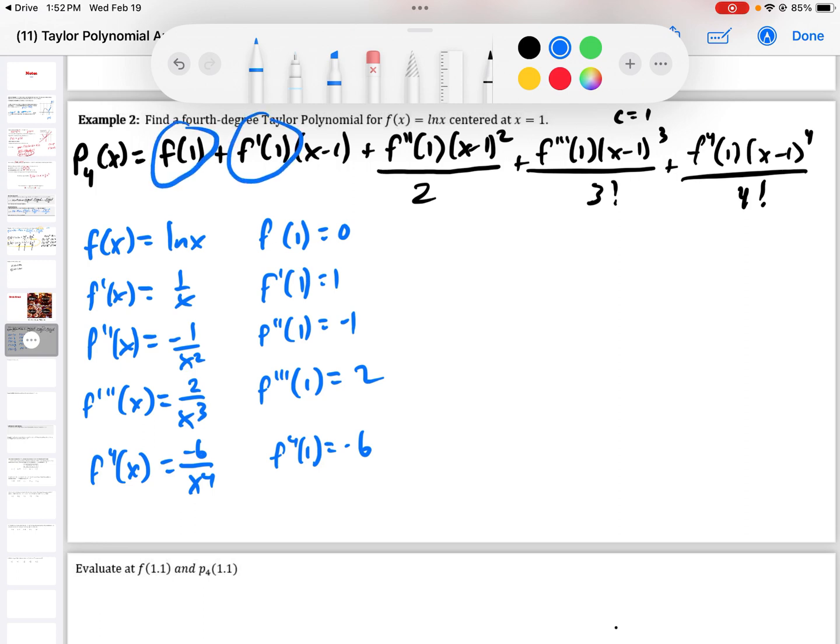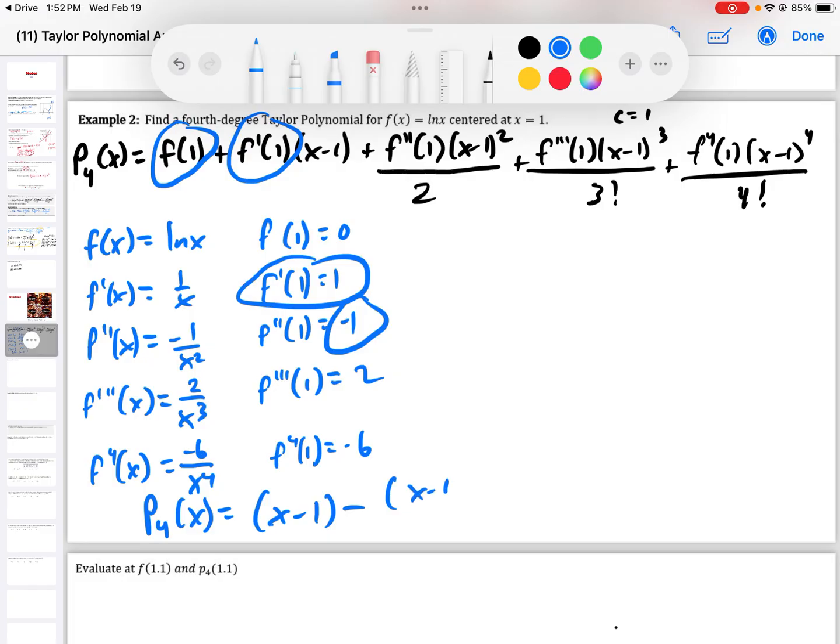So now I just plug in all this stuff that I found up here. So the fourth degree Taylor polynomial that I could use to approximate values for the natural log of x, centered around 1, would say 0 plus 1 times x minus 1, minus 1 times x minus 1 squared over 2, plus 2 times x minus 1 cubed over 3 factorial, which is 6, minus 6 times x minus 1 to the power 4 over 4 factorial.